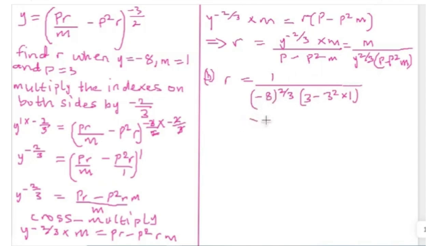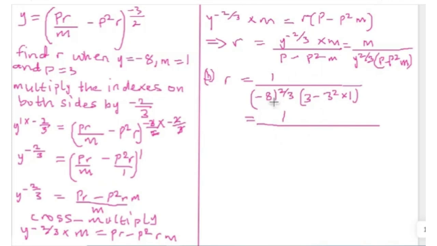So that is it. So what do we do here? This is the same thing as saying r equals 1 divided by, now we need to find the cube root of −8.